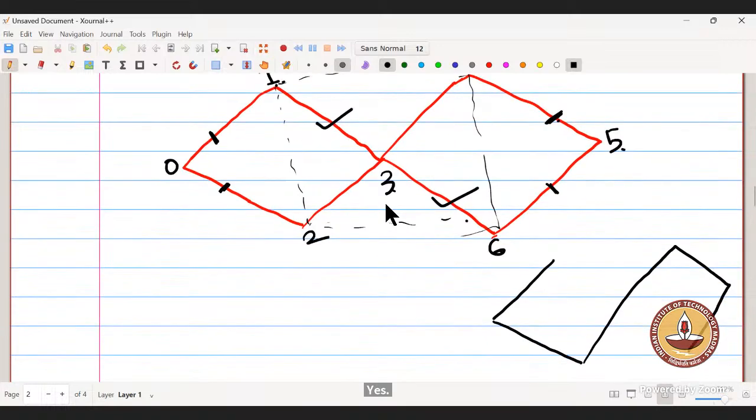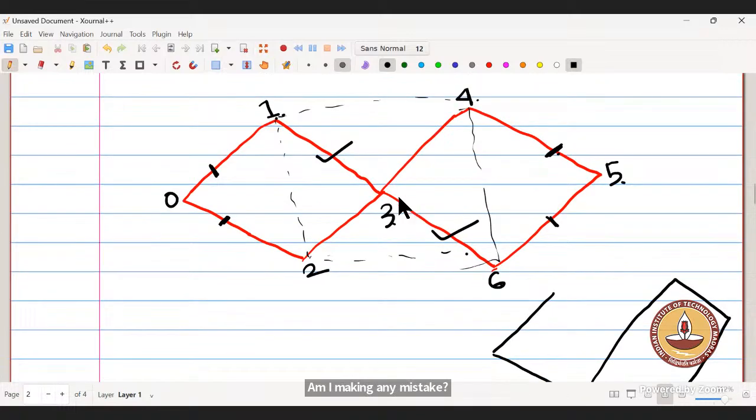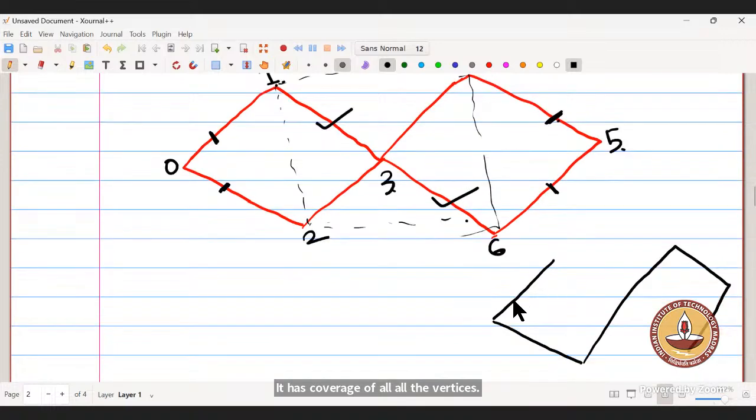Am I making any mistake? No, sir. It has coverage of all vertices. So this is the spanning tree.